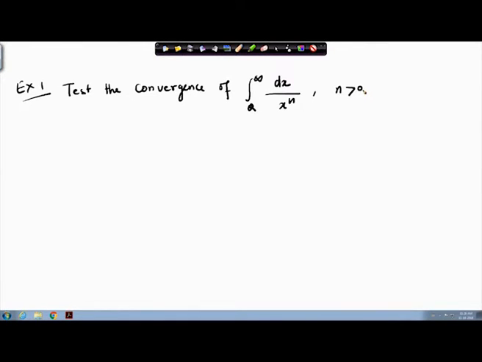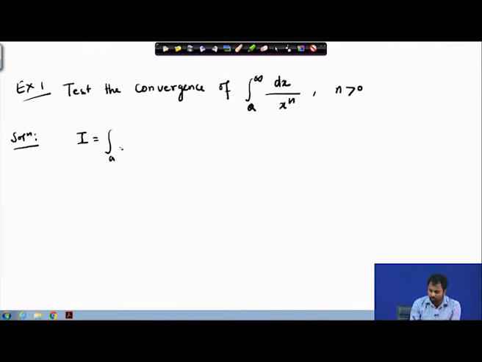So now in this case, what we have is one of the limits as infinity. So I will write this integral as the integral from a to infinity dx by x to the power n, where n is a positive number. So far we do not know for what value of n this integral would converge or diverge.